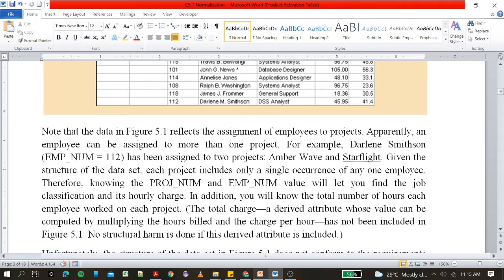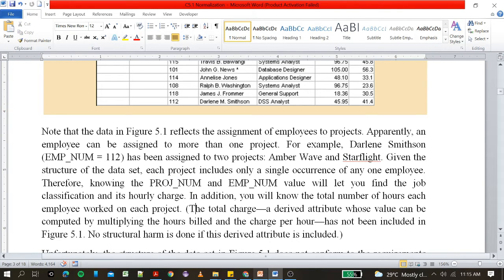Ibig sabihin, kapag alam natin yung project number at employee number. Kasi pag ang inalam lang natin ay employee number, hindi natin ma-determine aling project ba yun. Kasi dalawa yung project na naka-assign si Darlene Smithson, di ba? O kaya naman, pag inalam lang natin ay yung project number, hindi natin malalaman yung hourly rate niya on that particular project, di ba?